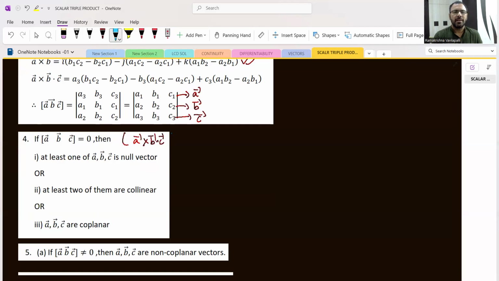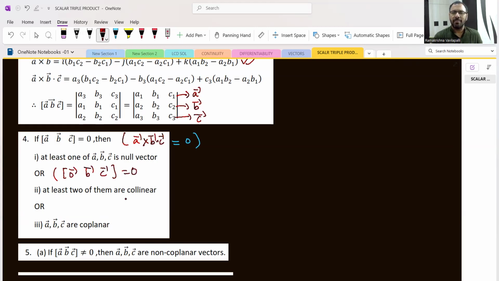A cross B dot C equals 0 if at least one of A bar, B bar, C bar is a null vector. Then the box is equal to 0. Remember, it is a scalar quantity.